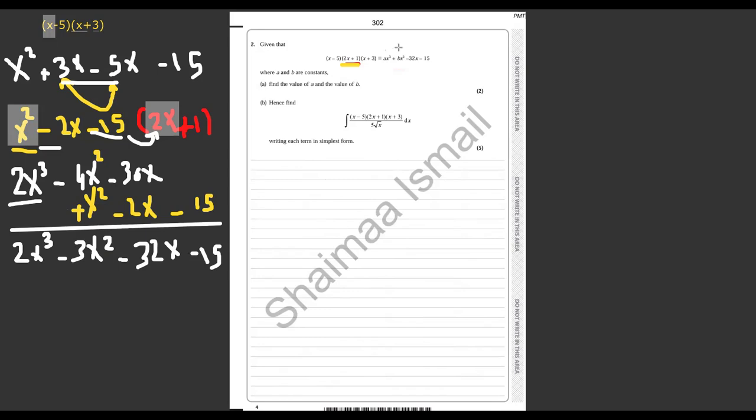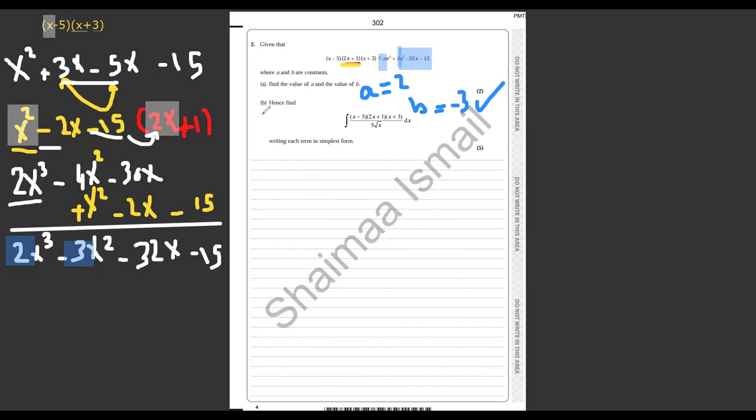And as you see here, we have the minus 32x minus 15. So the value of a here will be equal to 2, and the value of b will be equal to negative 3. And we did the first question. Okay, so a equals 2 and b equals negative 3.